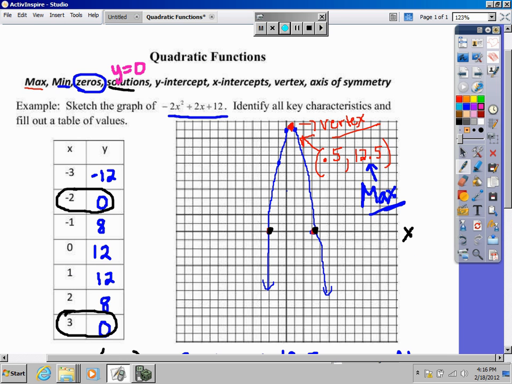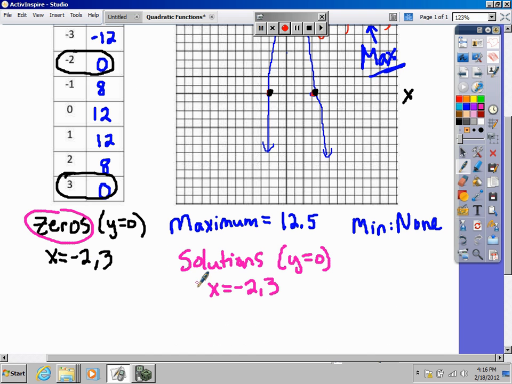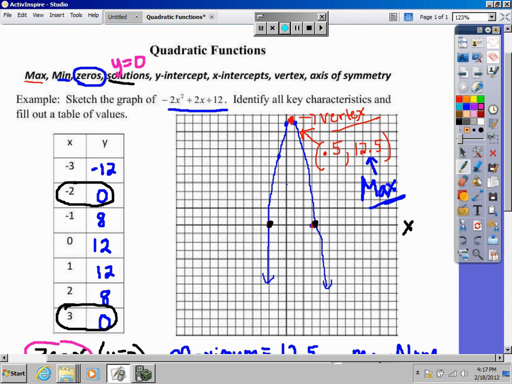The next thing they want are the solutions. Well, the solutions to an equation are basically the values of x that would make y equal 0. So it is the same thing as the zeros themselves. So when I say what are the solutions to this equation, the solutions are basically when y equals 0, and that would be at x equals -2 and 3. They might also call these the roots.